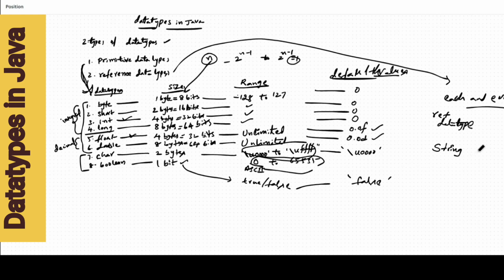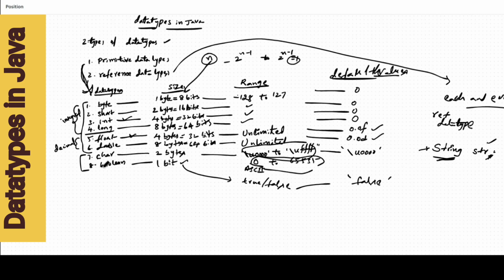If you want to store strings, you can use this class type variable like this. Now str is a String class type variable. Like this, all the classes can be used for creating reference data types. Each class will act as a data type, which is a reference type. So there are two kinds of data types: primitive data types and reference data types.